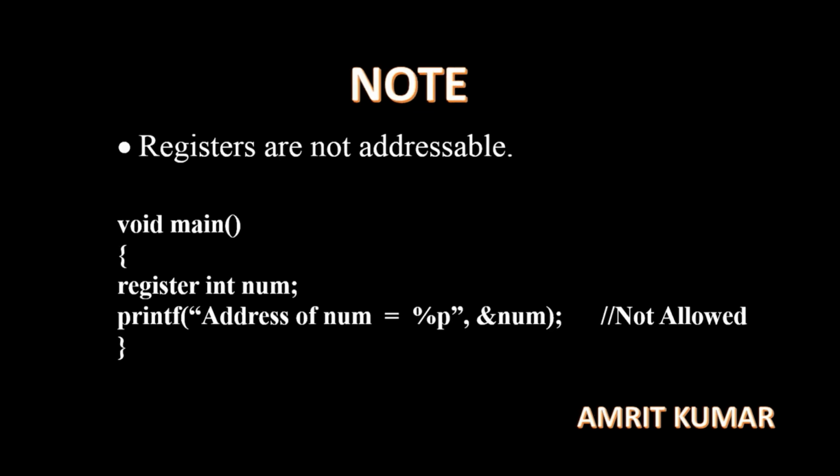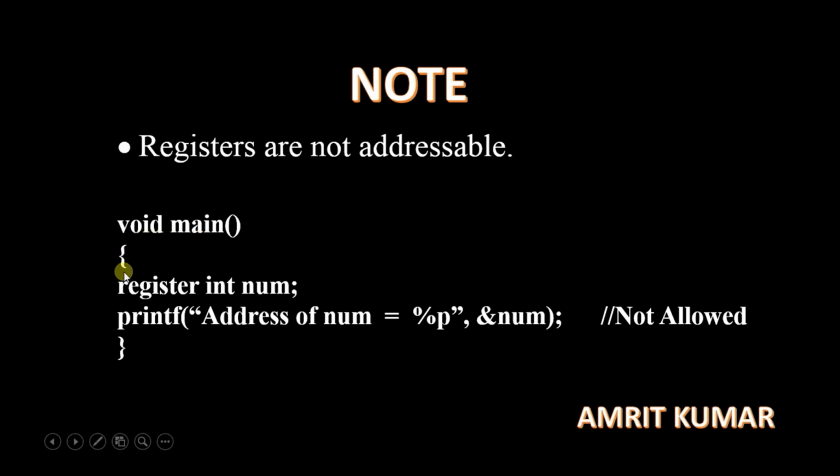Let's look at the note and the point that is so important about it. Registers are not addressable. This is an important point. How can we know this fact? I have declared a main function whose return type is void.